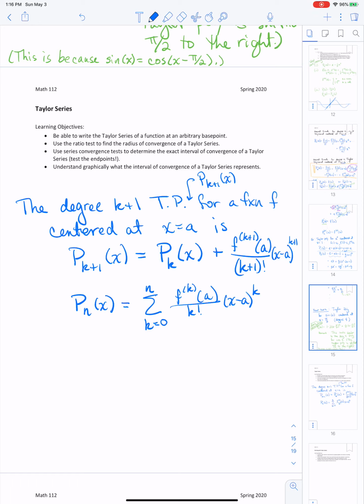So what if we sum from 0 to infinity, right? And so let's consider k equals 0 to infinity, this quantity.